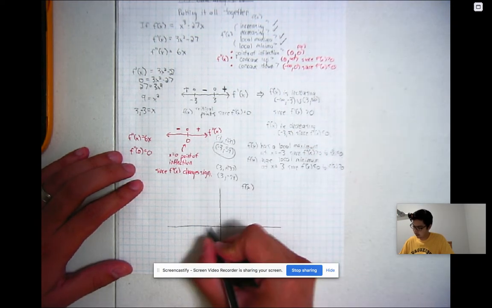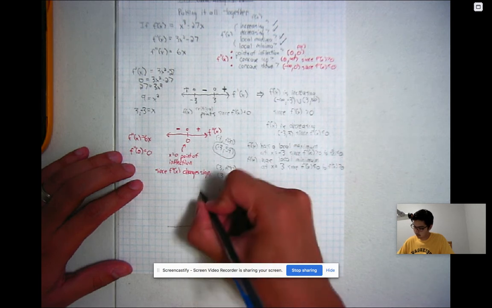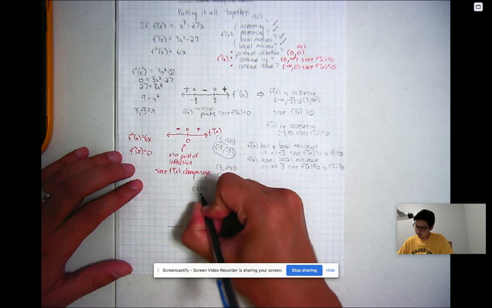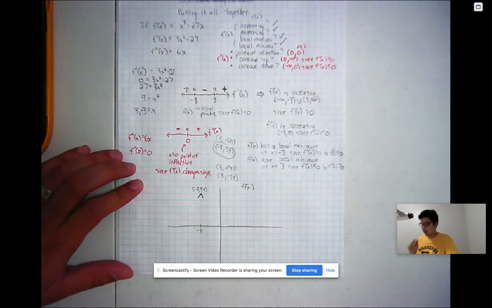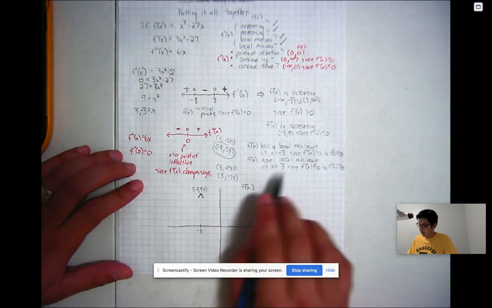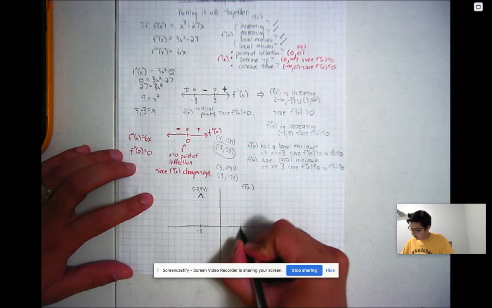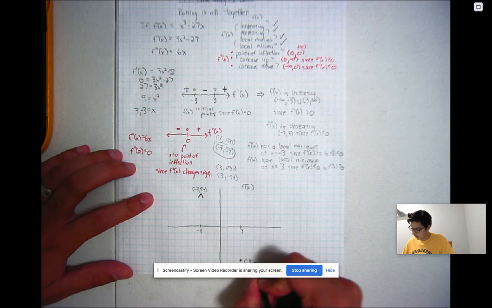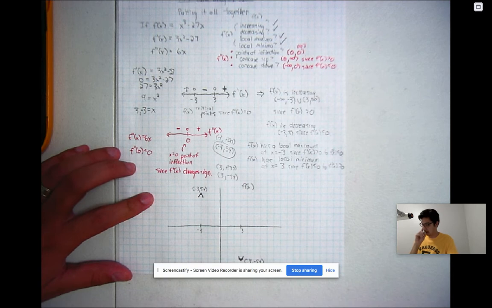So -1, 2, 3. Somewhere up here, I'll just mark -3, 54. It had a maximum. And it had a minimum at 3, -54. So 3, somewhere down here, which we'll just mark 3, -54. It had a local minimum. Okay.